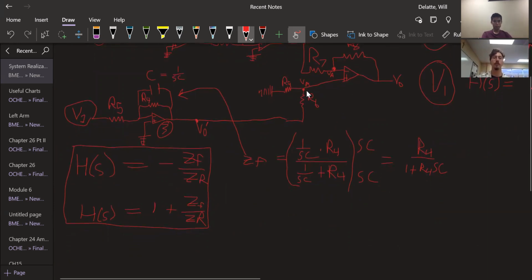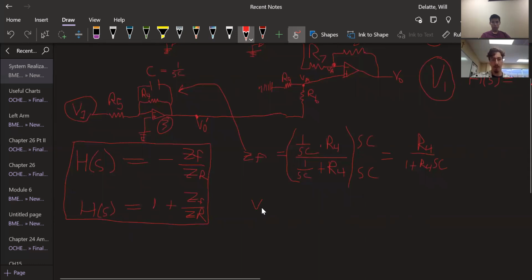So let's start with that. We'll do our little standalone technique here. We're going to look in every direction from this node. This is going to be looking to the left. This is our drawn ground. And we're going to start that off as our VA minus 0, our ground is 0, over R9.